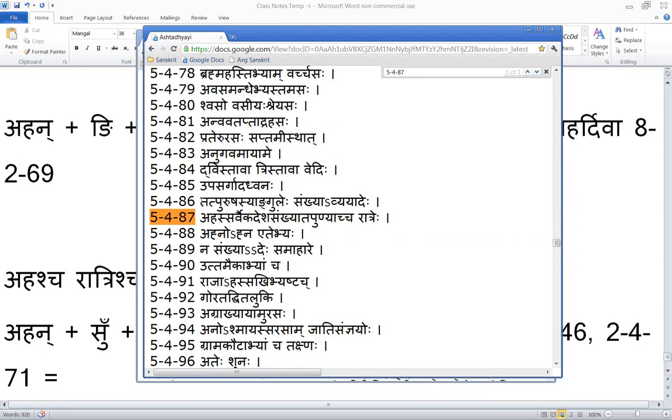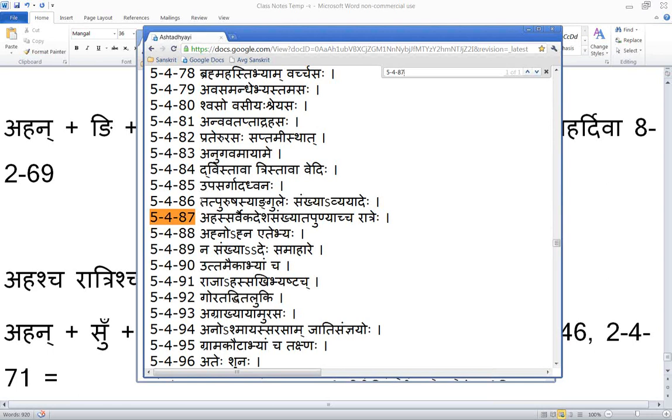I'm sorry, I'm mispronouncing it. Sankhya and avyaya, not avayava, avyaya. So if you have a sankhya vachaka shabda or an avyayam, sankhya avyayadehe.